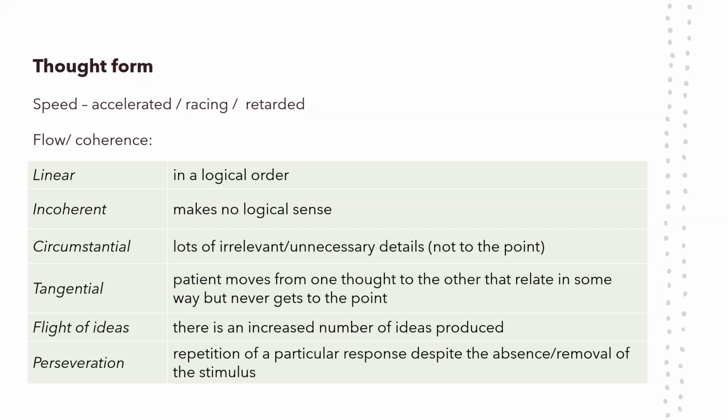Now, another question that you can ask is, do you ever have the experience when your thoughts suddenly stop? So these are just a few suggestions where you can ask the patient directly to find out more about their form and stream of thoughts. And then you can describe it to your examiner using the words on your left.